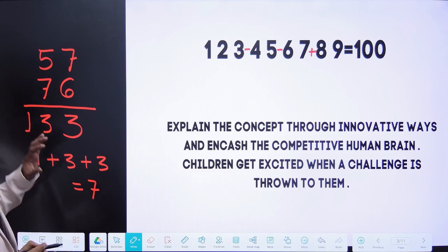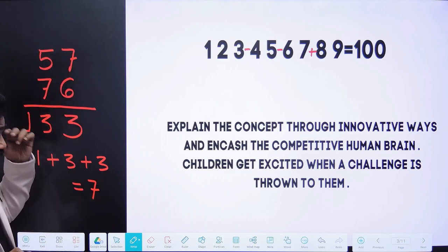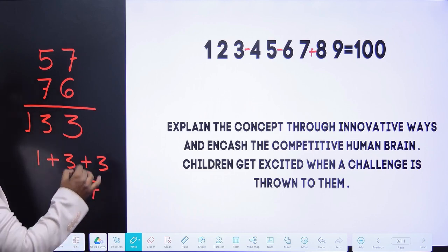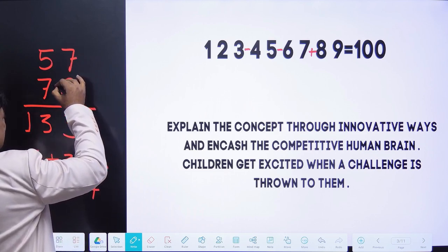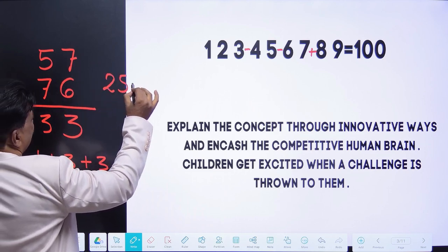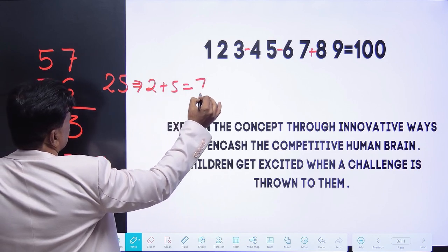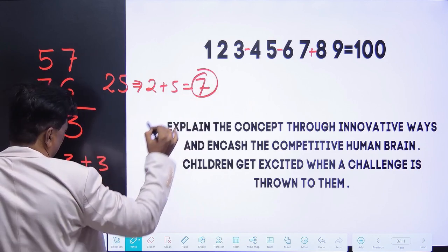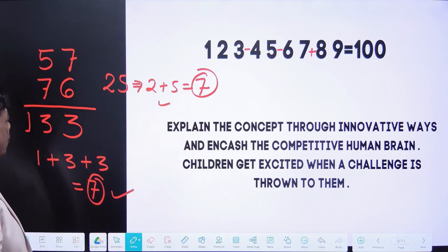Now I'll say, if the answer is right, here also add all the digits, and reducing to a single digit you'll get 7. Let us try. 7 and 5 is 12, 12 and 6 is 18, 18 and 7 is 25, and 25 means, single digit, 2 plus 5 is equal to 7. So see what is happening, you can check your addition if it's right or wrong.